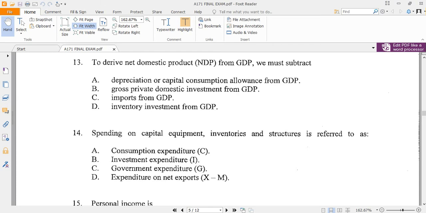Then question 14: spending on capital equipment, inventories, and structures is referred to as what? Consumption, investment, G, or net export. All of these components belong to the expenditure approach, so take a look at the expenditure approach section in the lecture slides and see which one this belongs to.